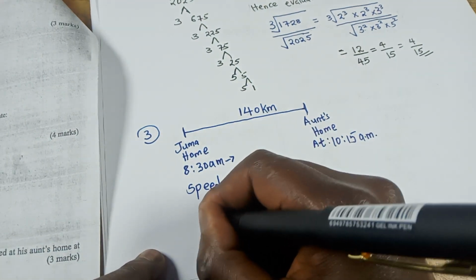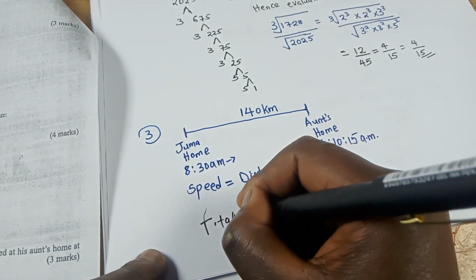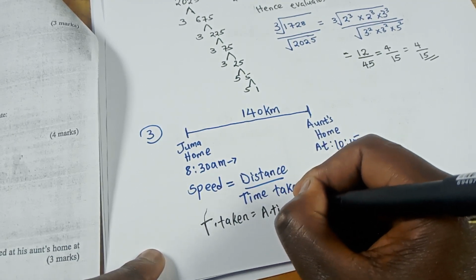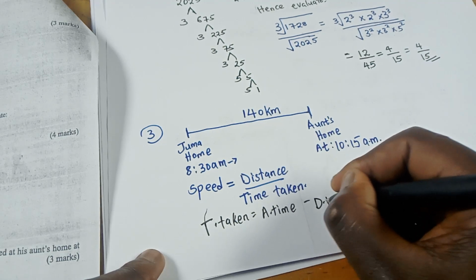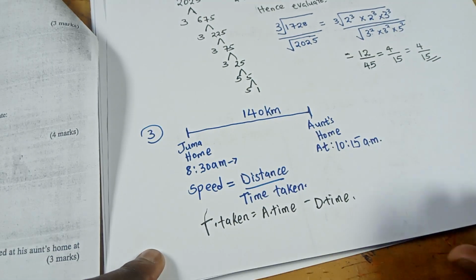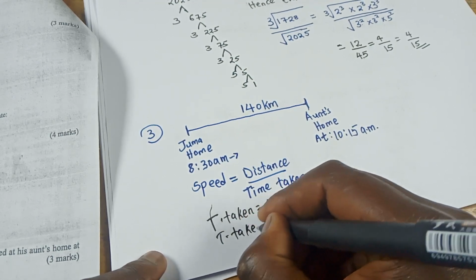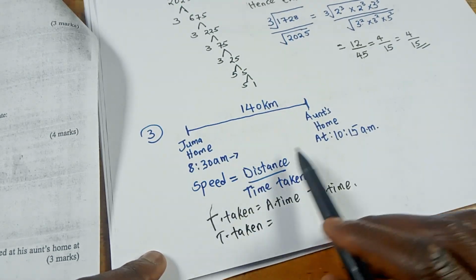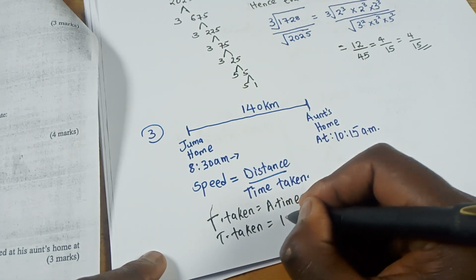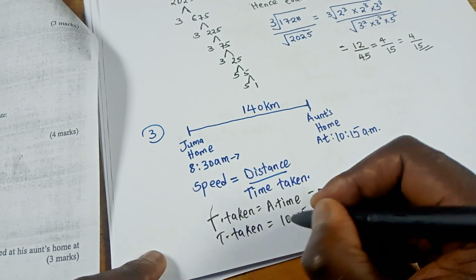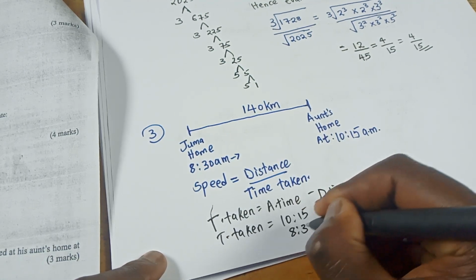So the time taken is equal to arrival time minus departure time. So the time taken is equal to 10:15 a.m. minus 8:30, that is the departure time.